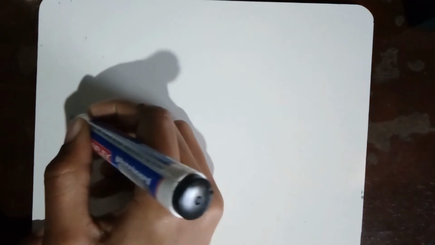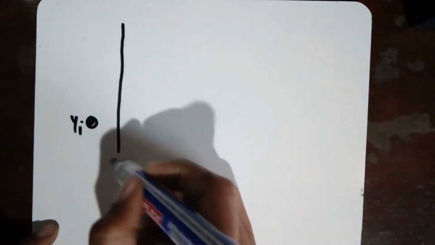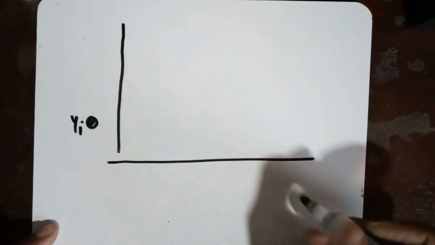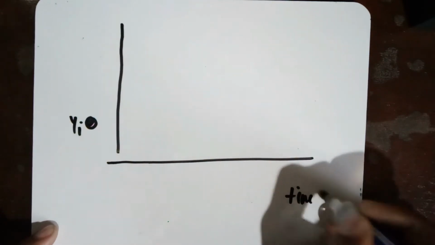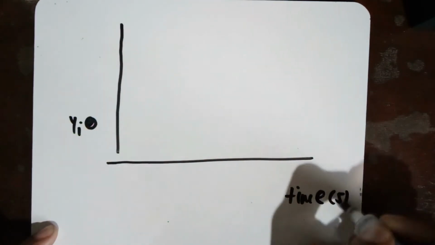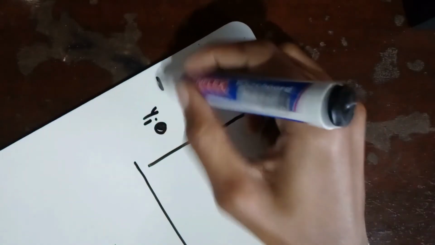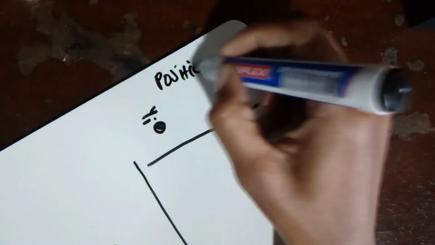So let us now imagine that you have a ball and you launch it from a certain height. Remember, because it's in the y direction, let's call that initial height yi. This is where you launch it from. Maybe let's draw an axis. We have time in seconds on one side, and on this side position, in meters.